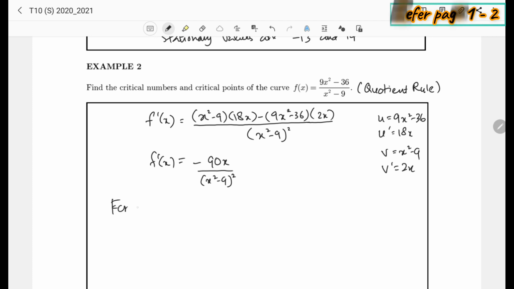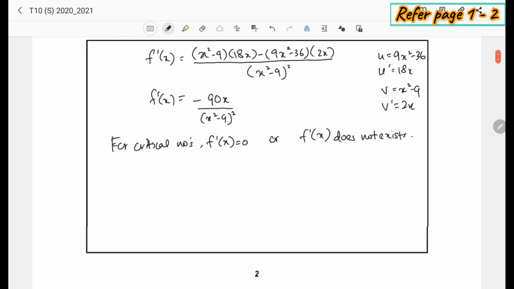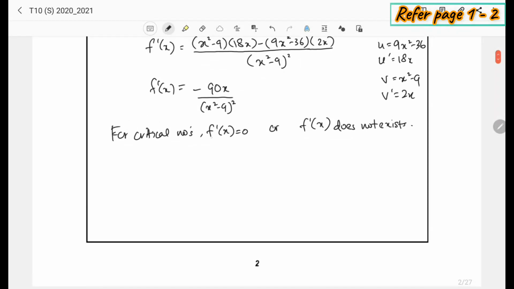So for critical numbers, we have f prime x equal to 0 or f prime x does not exist. So negative 90x equal to 0, you will get x equal to 0.